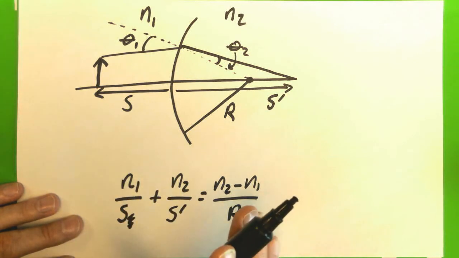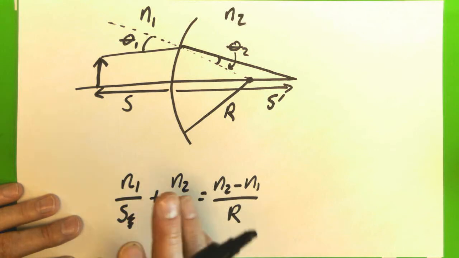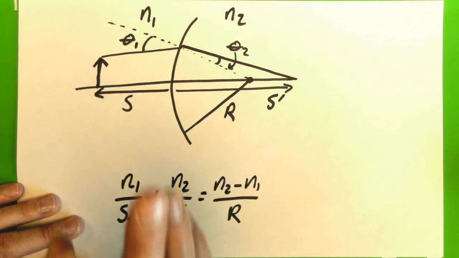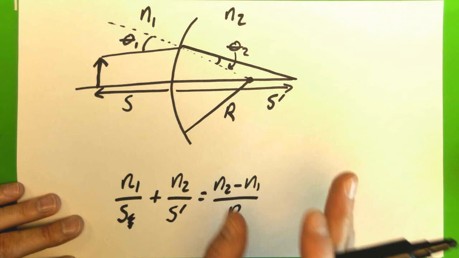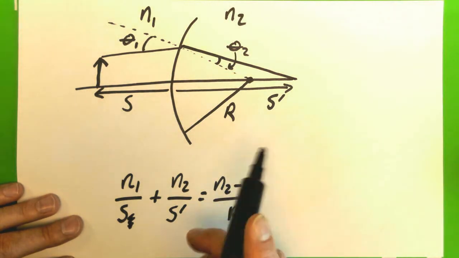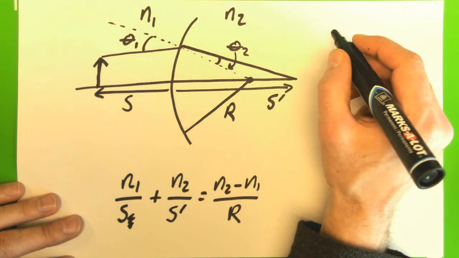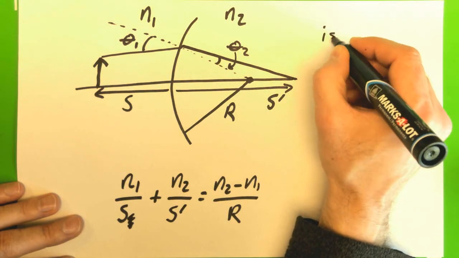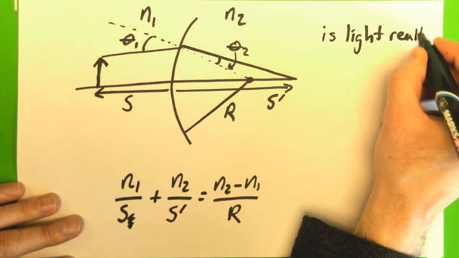One rule, applied carefully, instead of having to memorize a whole bunch of sign conventions for converging mirrors or diverging mirrors, or a surface between two materials, or whatever the case may be. There's one rule that works all the time. And the idea I like to say is: is light really going there?